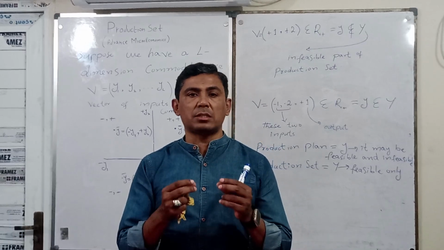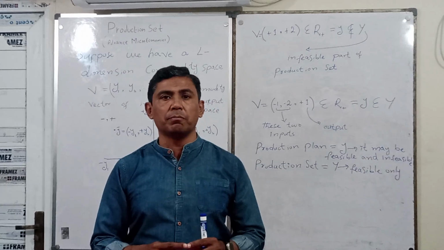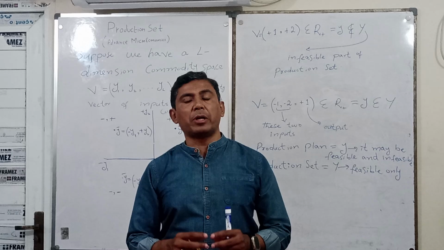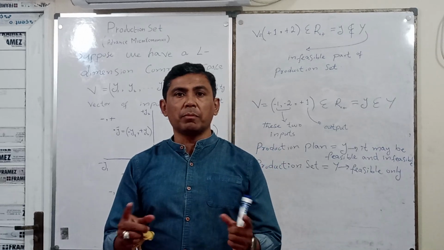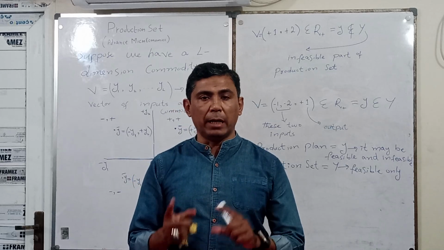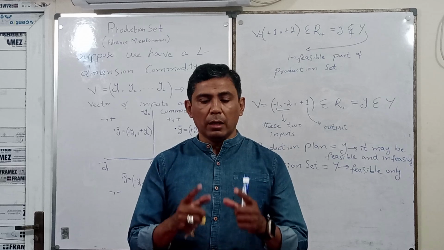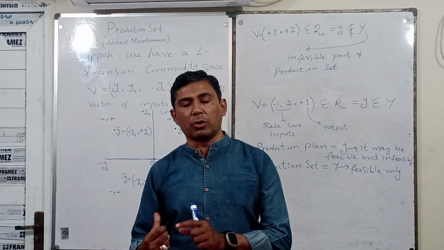Commodity space consists of input and output choice factors, and we try to explain them in four dimensional space or in four quadrants: first quadrant, second quadrant, third quadrant, and fourth quadrant.